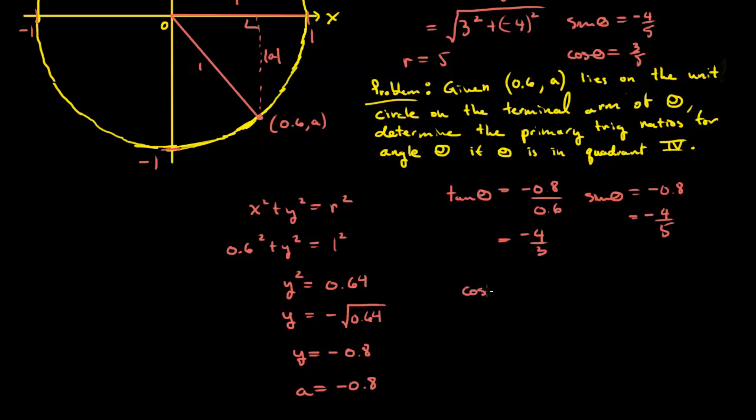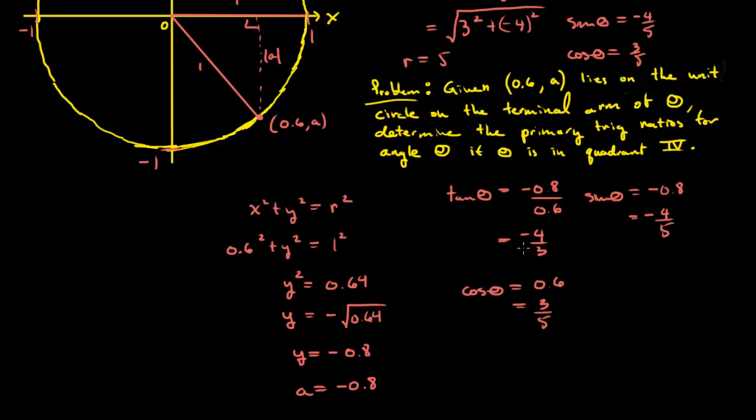And the cosine ratio would be equal to 0.6 over r, and since this is a unit circle, r is just 1. So cosine of theta is just 0.6 over 1, which is 0.6. And again, if we want to rewrite this as a fraction, we can write 0.6 as 3 over 5. So the primary trigonometric ratios are negative 4/3 for tangent, negative 4/5 for sine of theta, and 3/5 for cosine of theta.